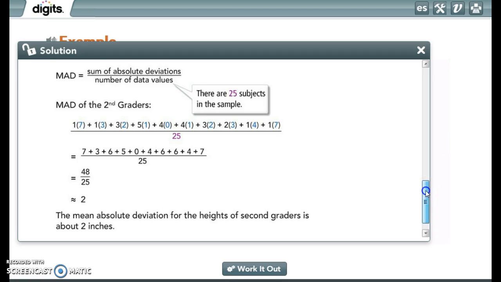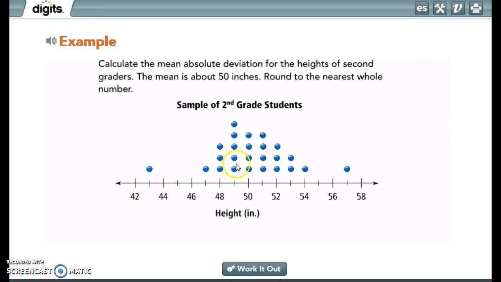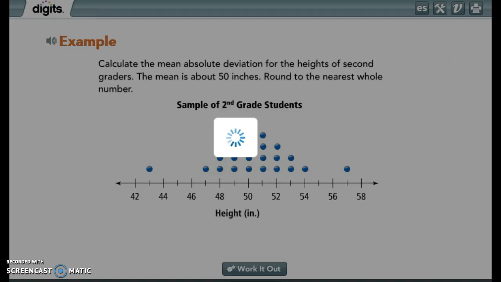So we find that the mean absolute deviation for the height of second graders is about 2 inches. So on average, all of the second graders that we see here are only about 2 inches away from the mean of 50 inches. So we're going to try another example just like this, but now with 7th graders.